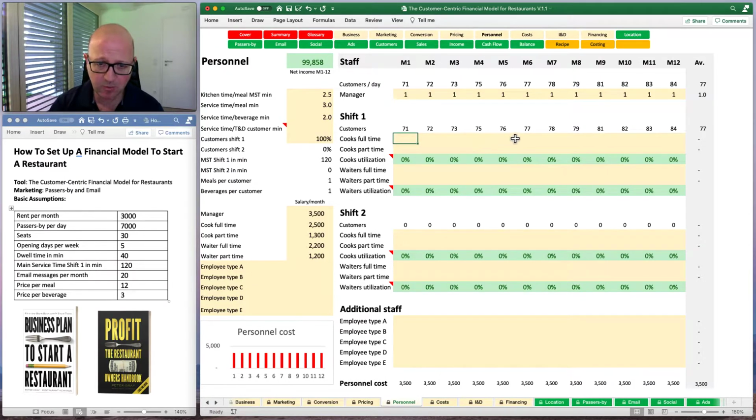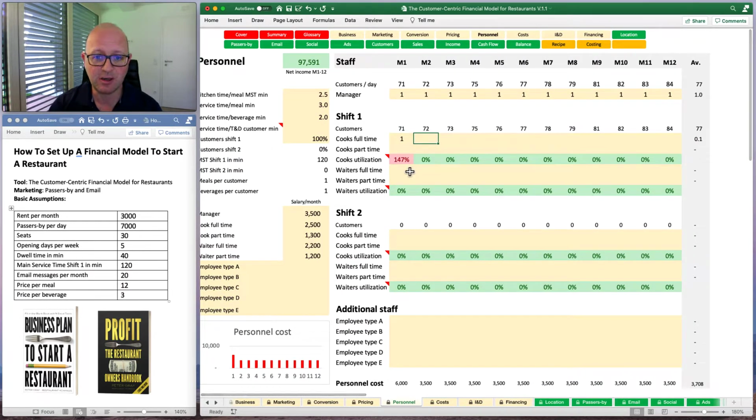So now we need some cooks to prepare the meal, and let's start with one full-time cook. And what happens? As you see here, now the model calculates the utilization of the cook, and it tells us 147%. That means he's overwhelmed. It's marked red, and that's too much for one cook.